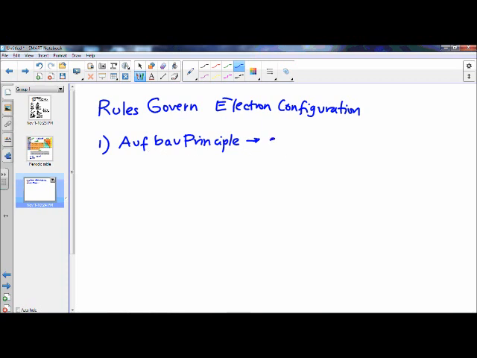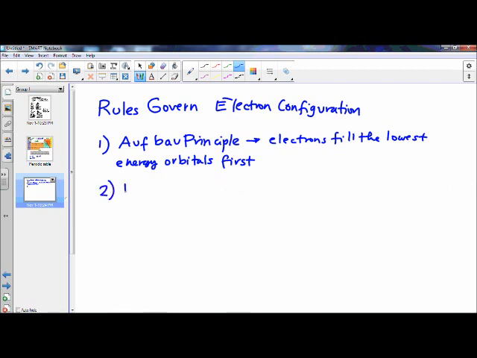It means that electrons fill the lowest energy orbitals first. Okay, build up. So you start with the lower energy orbital, you completely fill it up. Then you move to the next lower energy orbital and you completely fill it up, and so on and so forth.